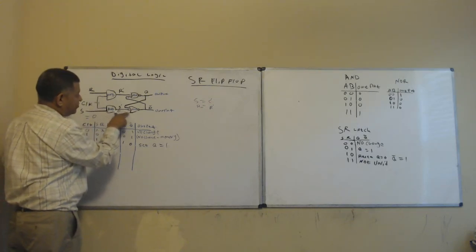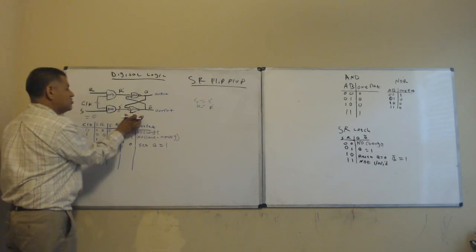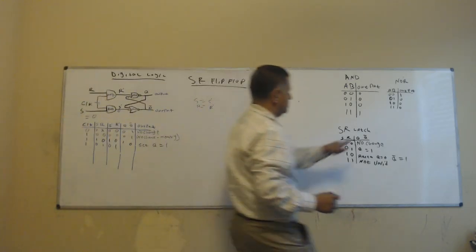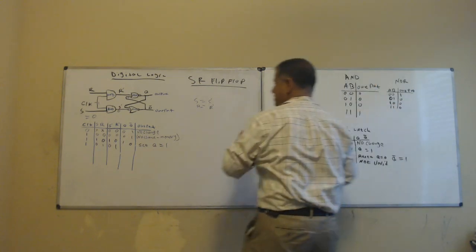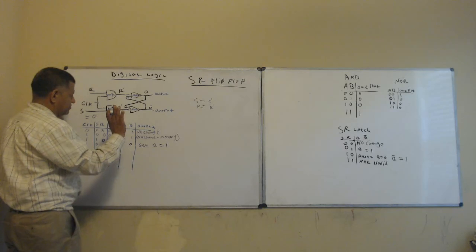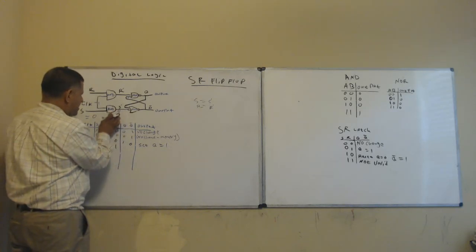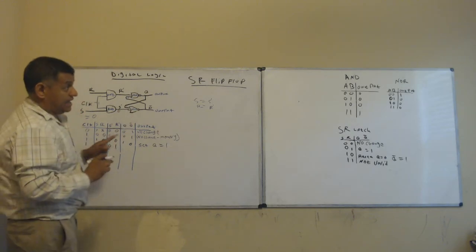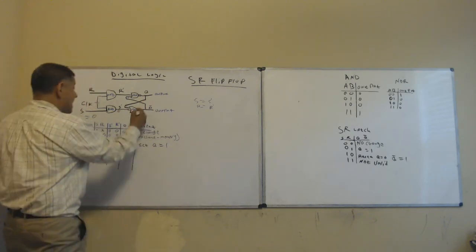This 0 is coming into this OR gate, making 0, and then the NOR gate.